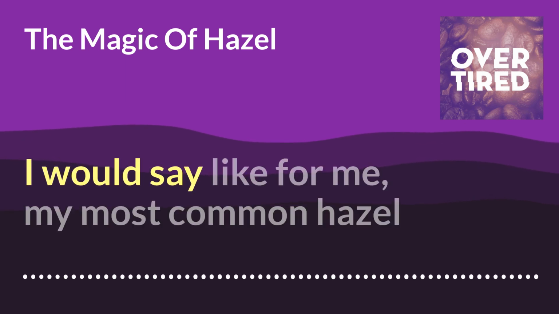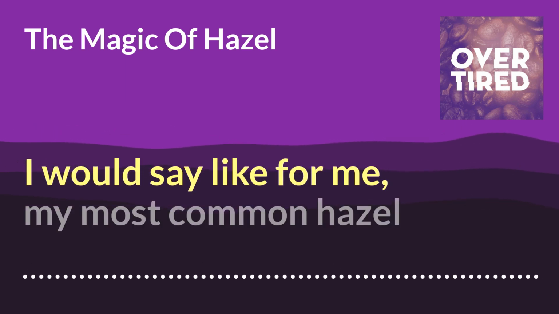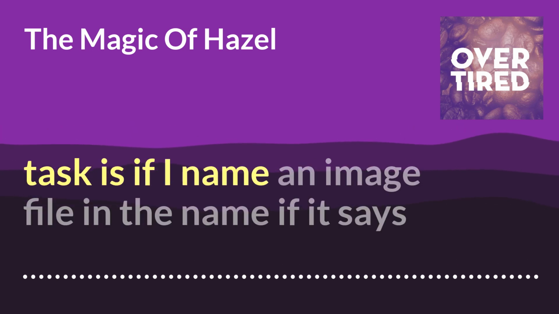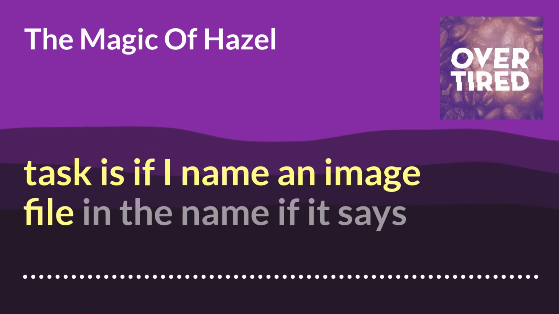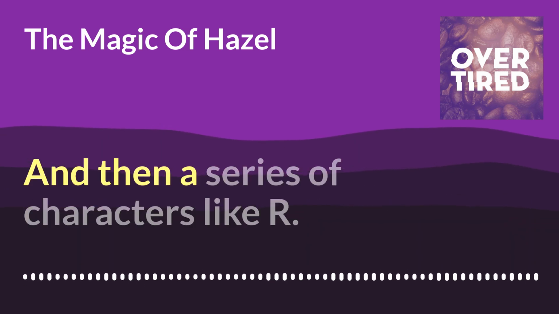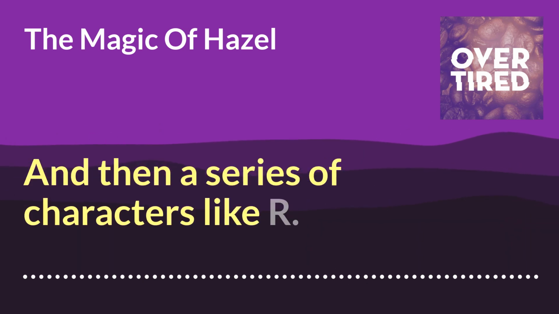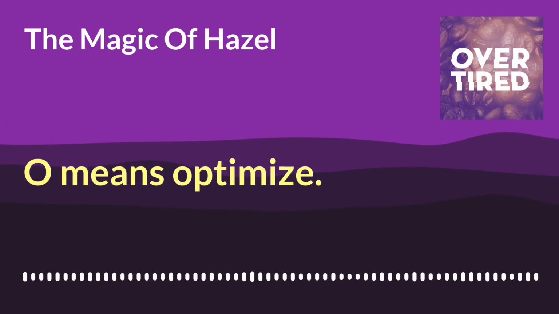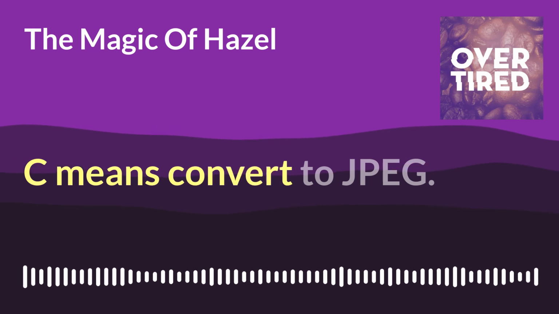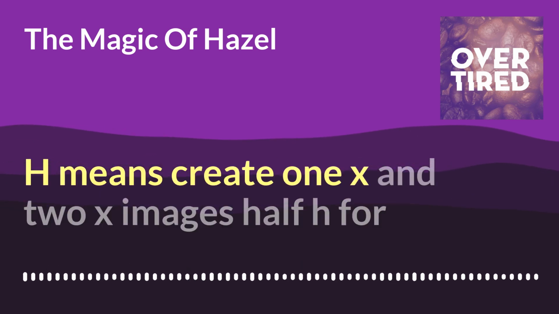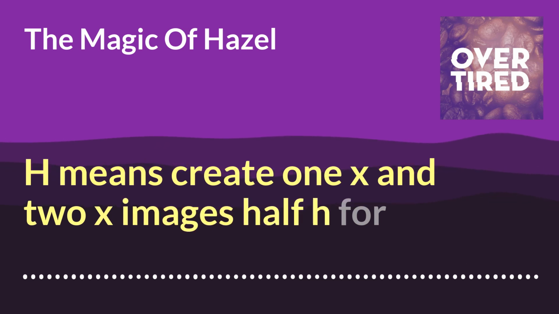For me, my most common Hazel task is if I name an image file with %% and then a series of characters like R600, that means resize to 600, O means optimize, C means convert to JPEG, and H means create 1x and 2x images, H for half.